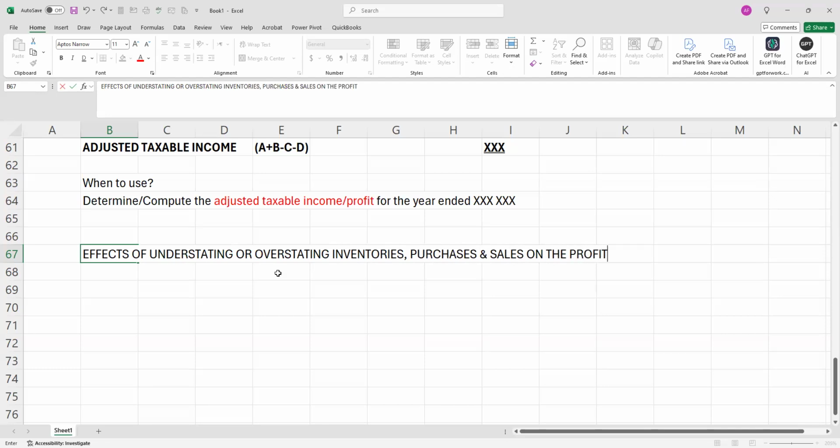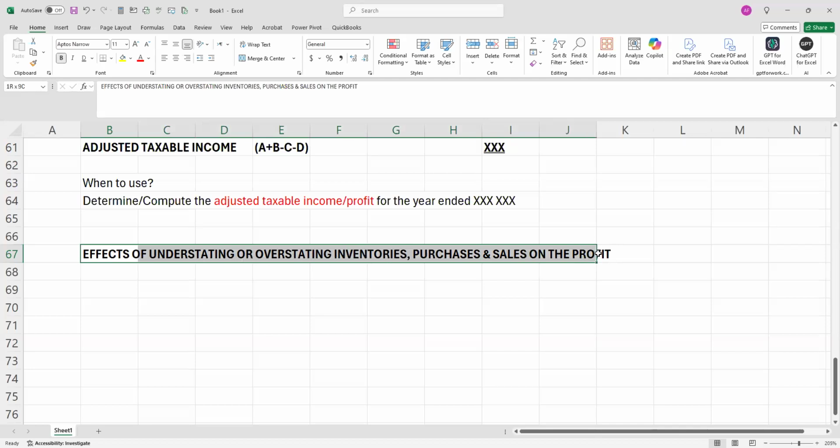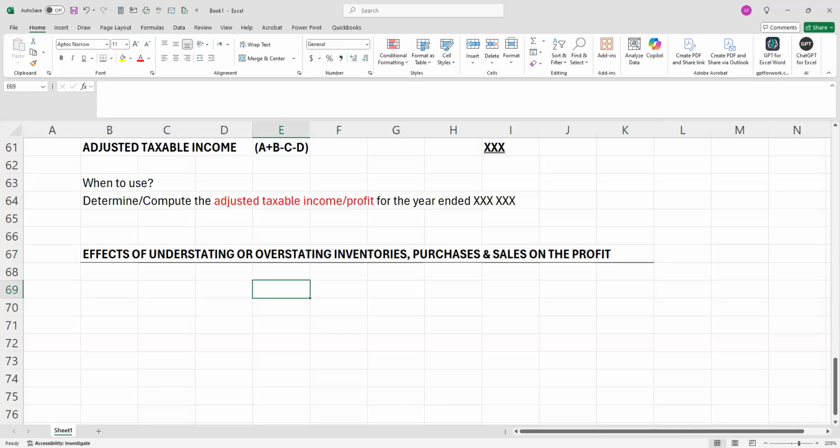If you overstate your sales, or understate your sales or inventories, how will it affect our profit? These are what Mwalimu wants to guide us on.